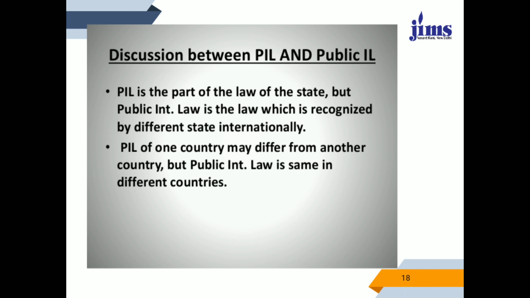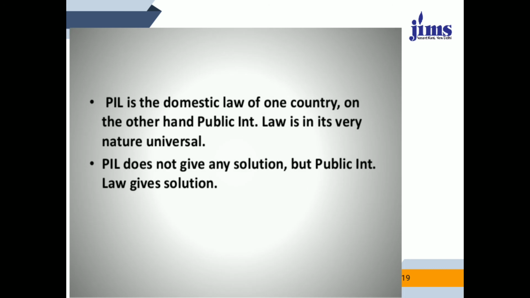Next, PIL of one country may differ from another country, but public international law is the same in different countries. So this is very important. Next we have PIL is domestic law of one country. On the other hand, public international law is in its very nature universal. PIL does not give any solution, but public international law gives a solution.